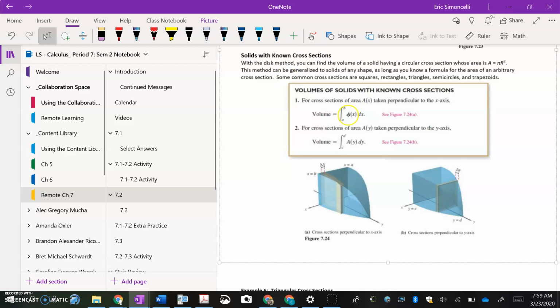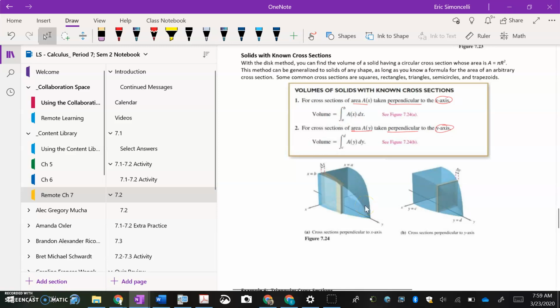So here are some volumes of solids with known cross-sections, the first of which is taken, an area, A of x, taken perpendicular to the x-axis. And then we'll talk about, of course, also A of y, though perpendicular to the y-axis. So the integrals are a bit different in that one is with respect to x from A to B. And then look at the picture below.